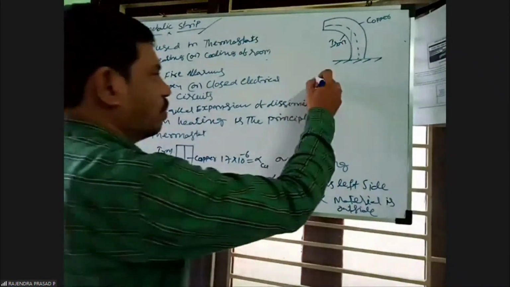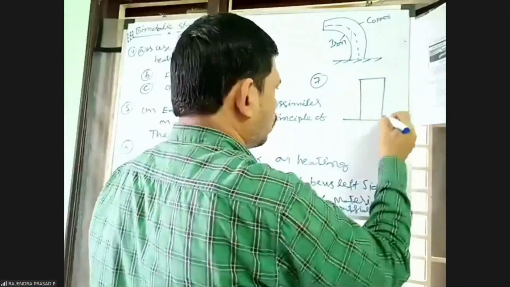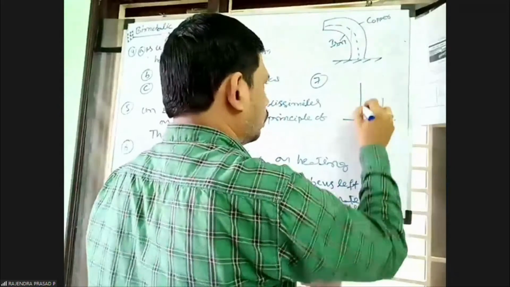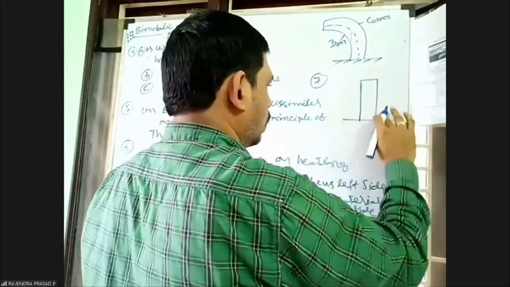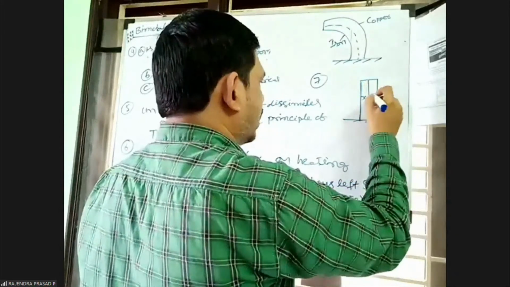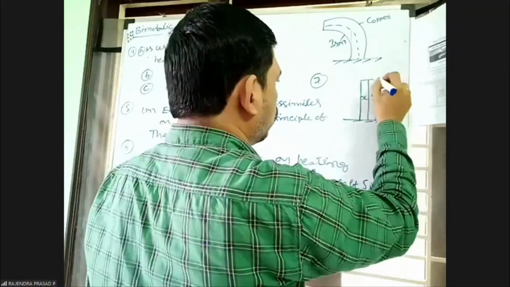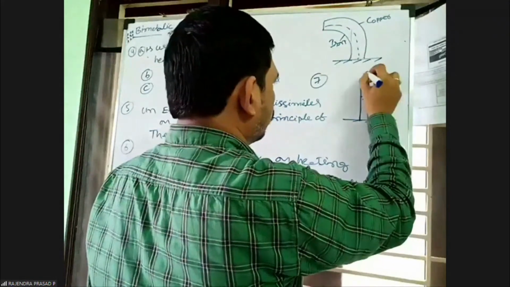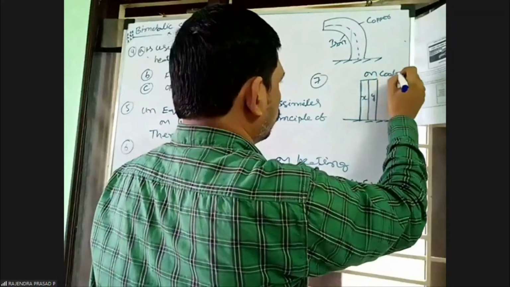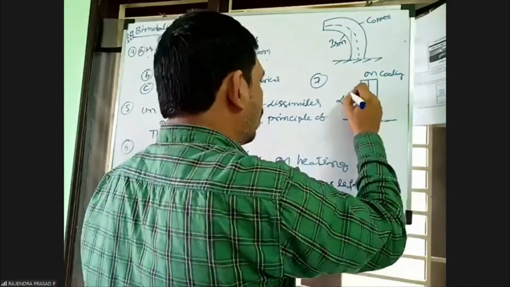Okay, seventh one. Same. For example, this one, X and Y. Left side is X, right side is Y. This is on cooling. Alpha X is more than alpha Y, is given.